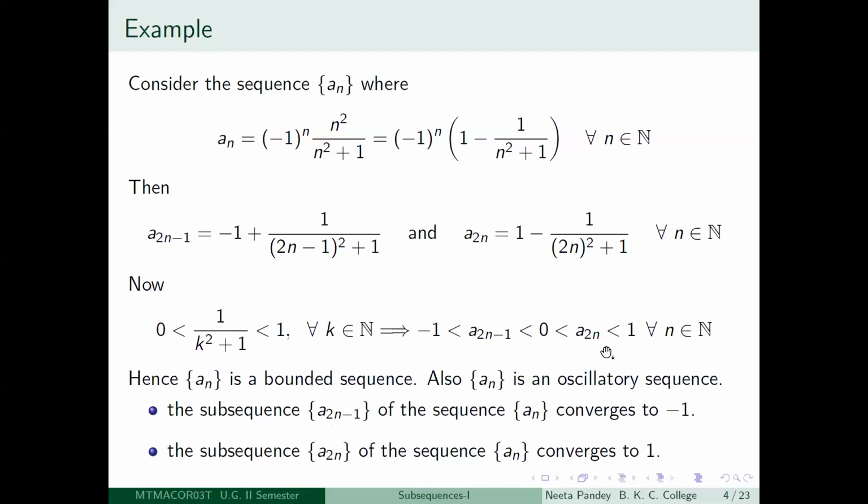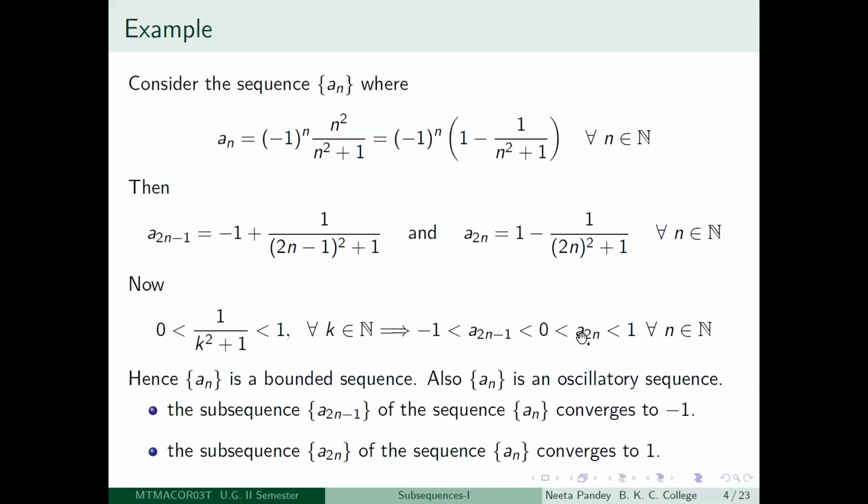So in particular, all the even terms of the sequence are going to lie between 0 and 1, right? So what are you getting? First of all, you're getting that this original sequence is a bounded sequence because all its terms lie in the open interval minus 1 to 1. Not only that, it is an infinitely oscillatory sequence, as you can notice.